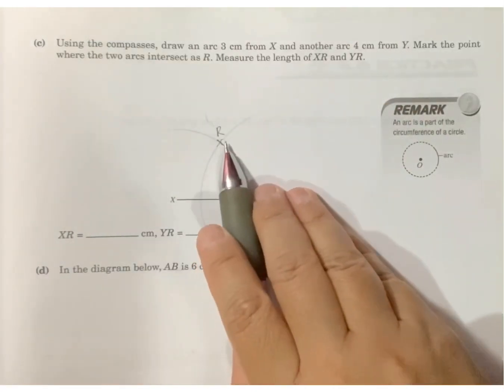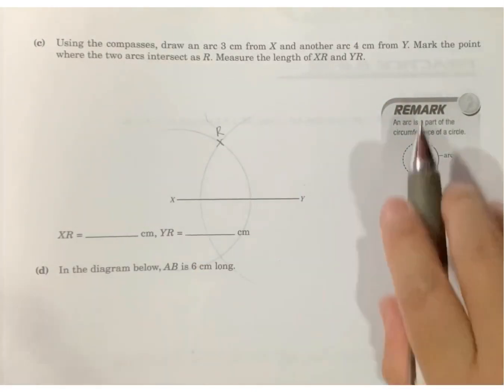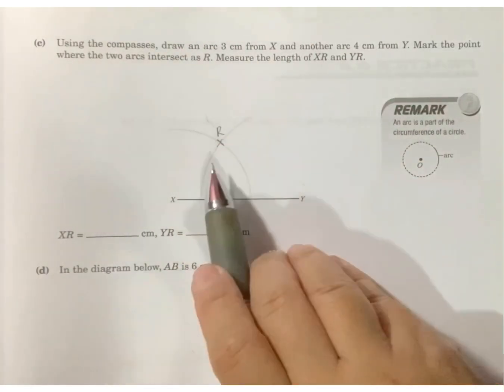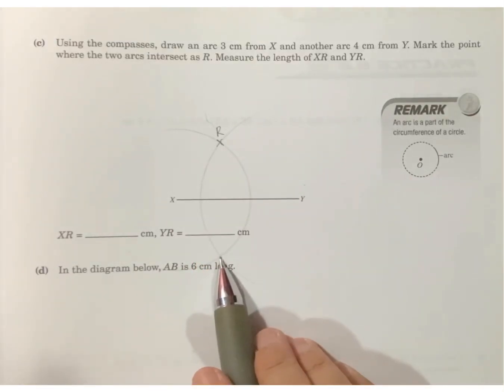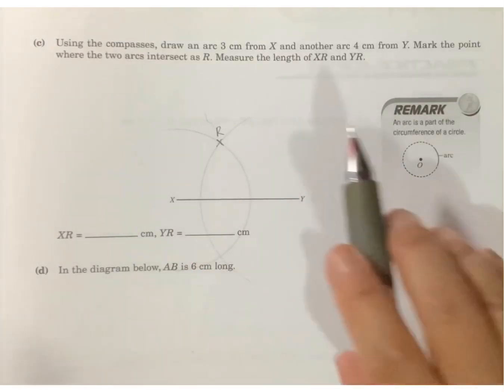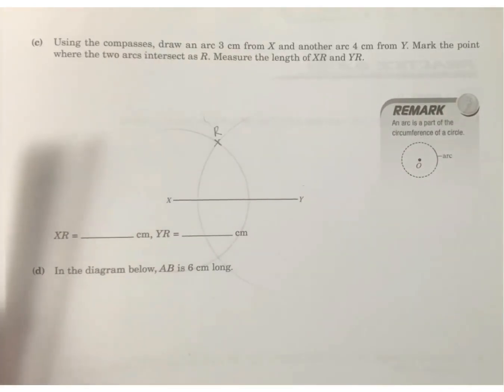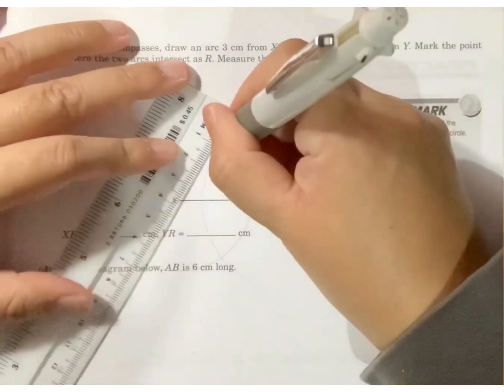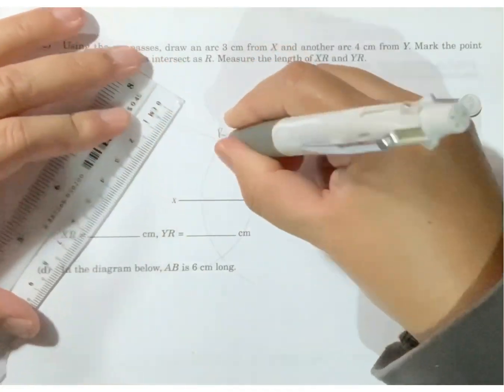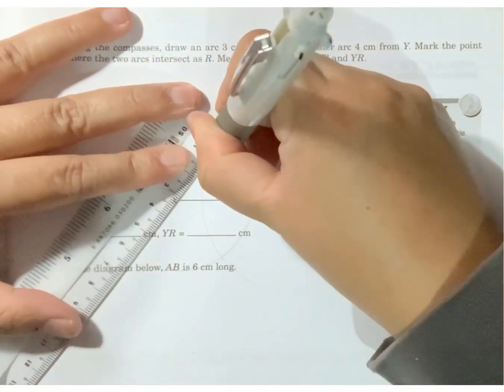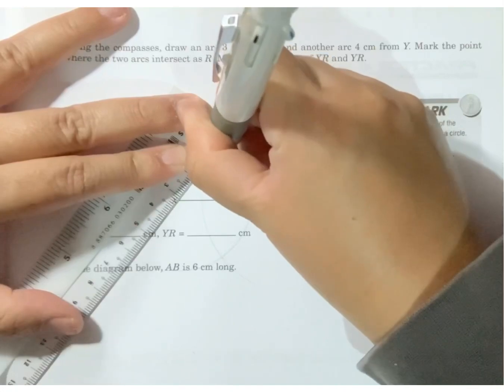The other one is over here, but we're not going to use this. Measure the length XR and YR. So I'm going to take a ruler and draw XR from the point R to X, or from the point X to R, it is the same.